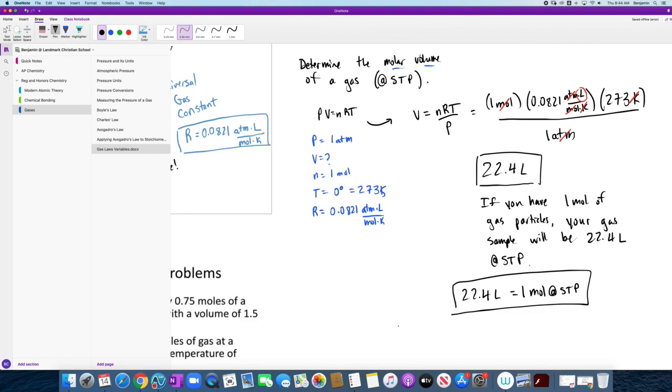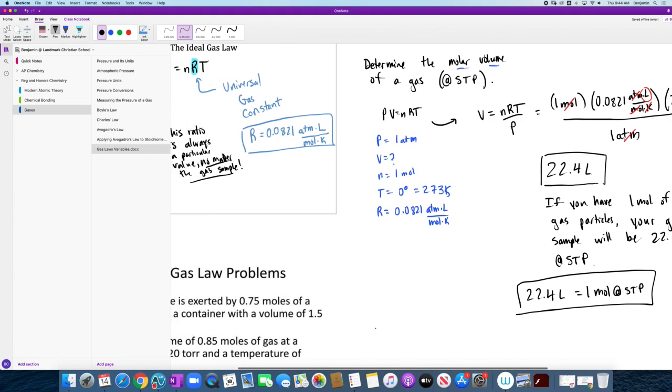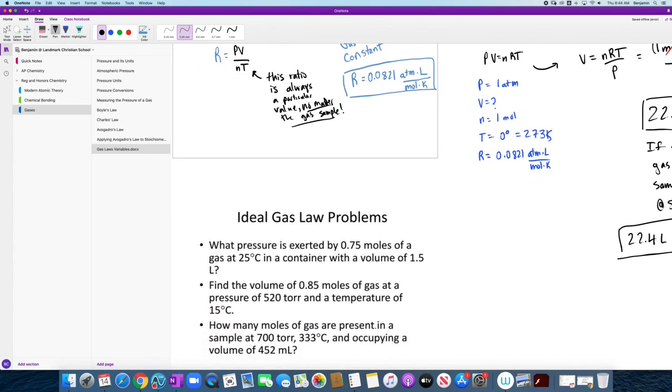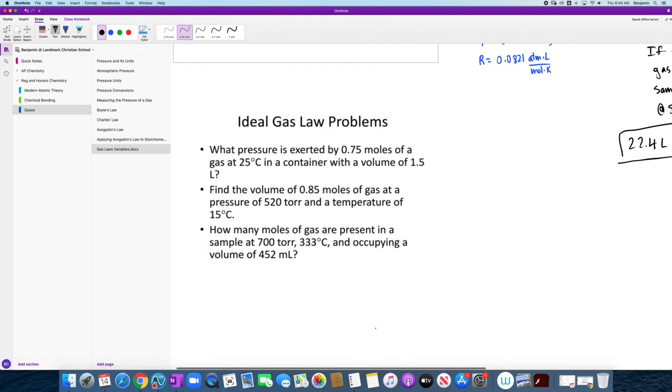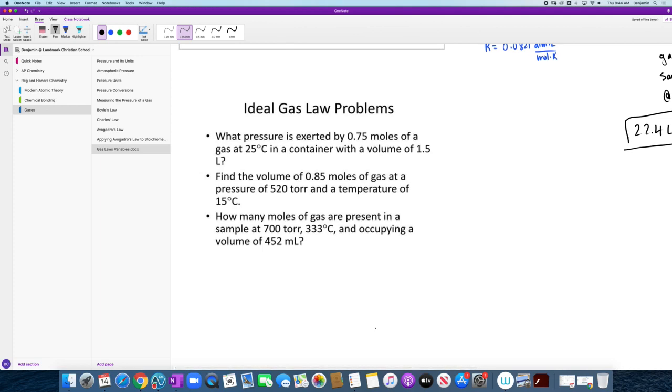All right, let's look at some other examples of how to use the ideal gas law. What pressure is exerted by 0.75 moles of a gas at 25 degrees Celsius in a container with a volume of 1.5 liters? Let's list out everything that we know about this gas sample. The pressure is what we're going to try to find.